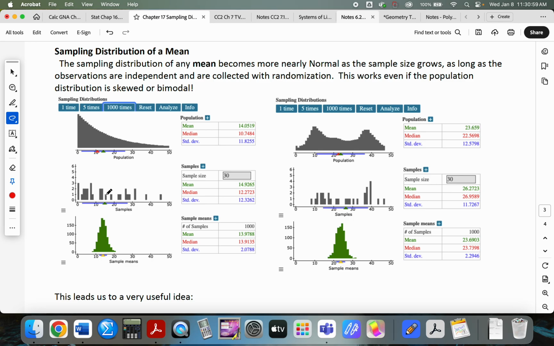I have taken 30 individuals. Here are the individuals. Okay, so these are the individuals. So we're not doing a mean of a mean? Not in that one. So what we're doing is this is a sample of 30. This particular sample, the mean is this, the median is this, the standard deviation is this, right?